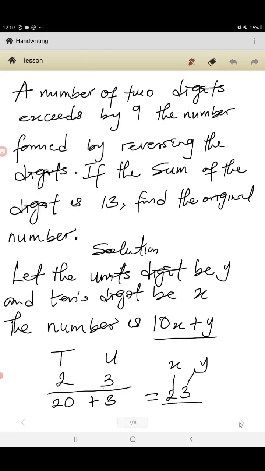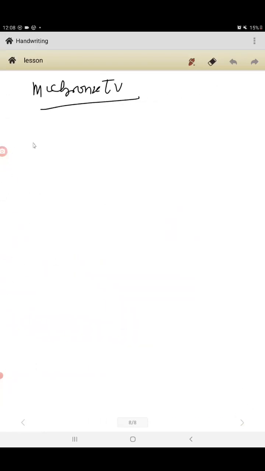So thanks. Let's continue. The question said that the number of 2 digits exceeds by 9 the number formed by reversing the digits. So when you say reverse, it means that this number is 10x plus y.